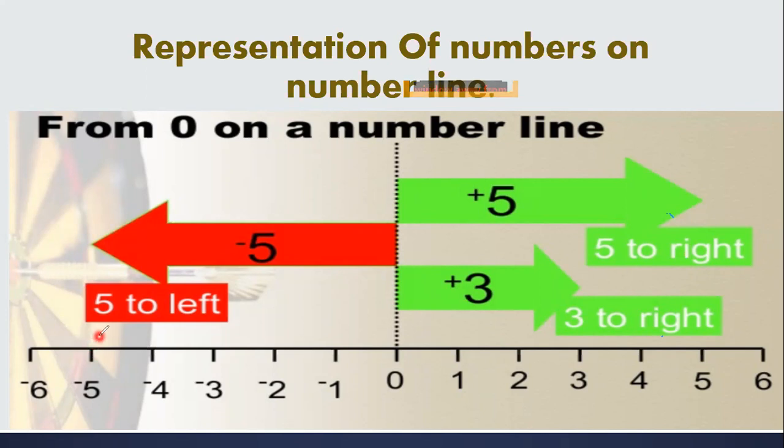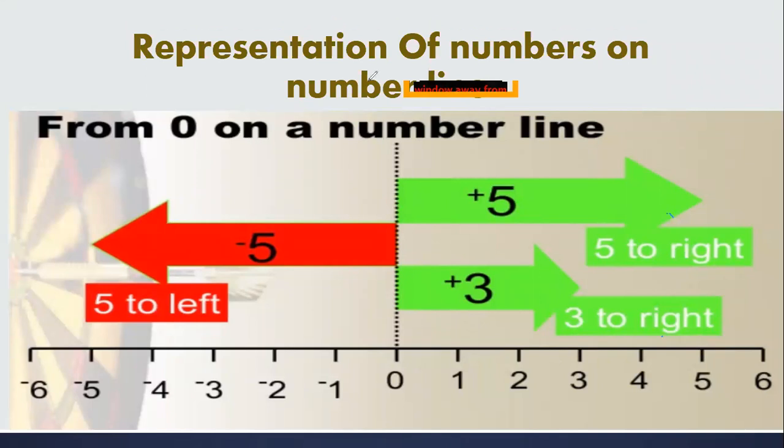So from here, that is 1 step, 2 steps, 3, 4, 5 to the left. If it is positive 5, it means we move 5 to the right: 1, 2, 3, 4, 5. If it is positive 3, it means 3 to the right. That's why we end up stopping here for positive 3 and going the other side for negative 5.